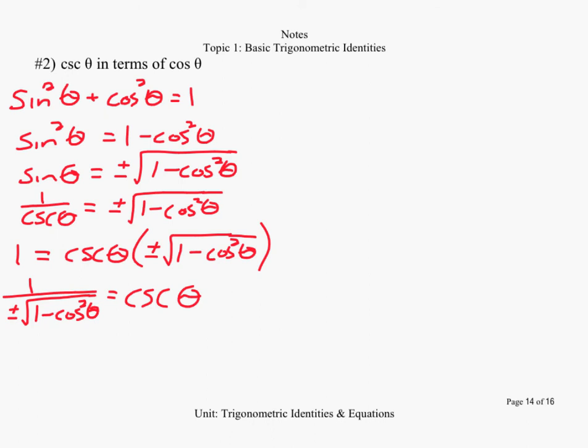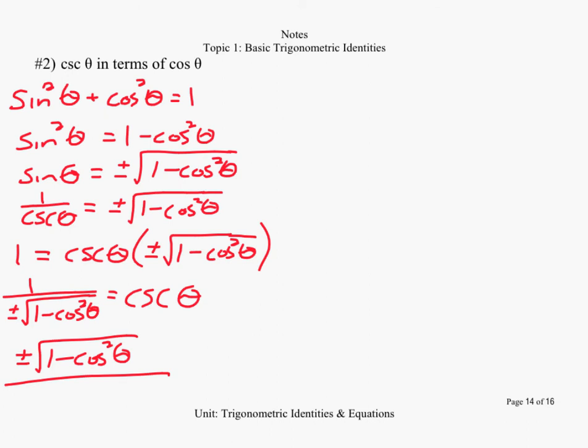Can't have a radical on the bottom. Suggestions on how to fix that? Multiply what by the top and bottom? Yeah, multiply what's on the bottom by the top and the bottom. The top is going to be plus or minus the square root of 1 minus cosine squared of theta. The bottom, when you multiply something by itself, you're squaring it.